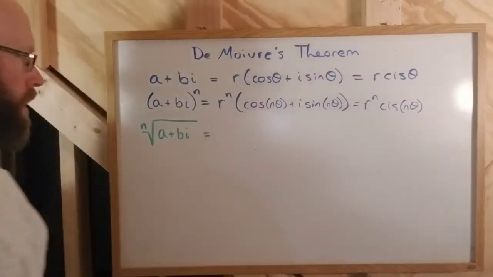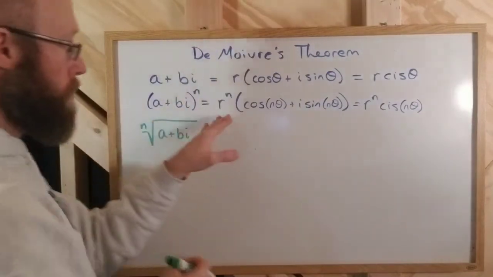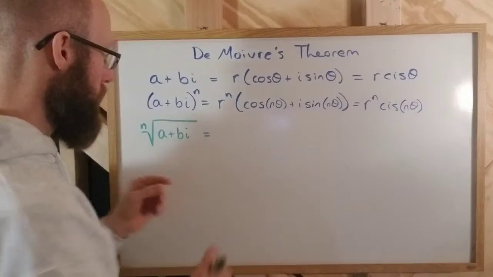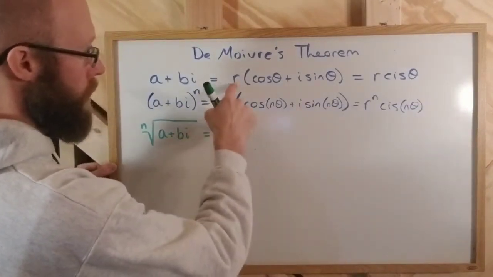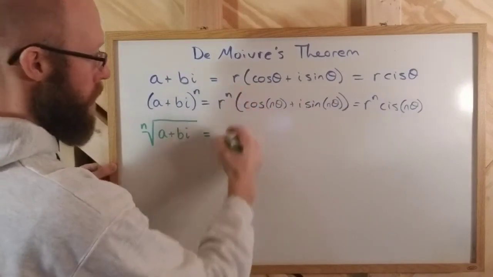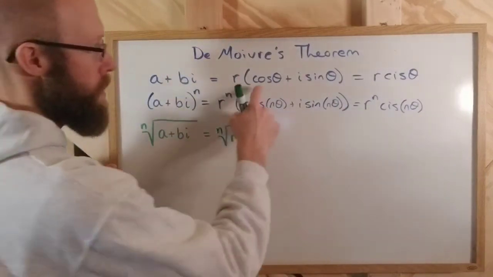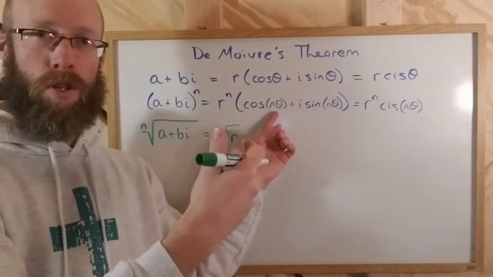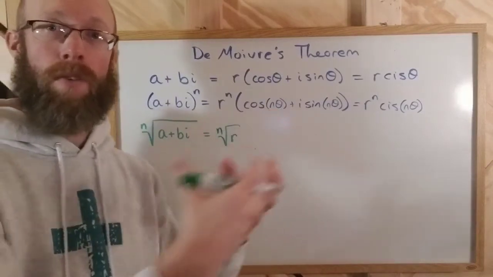If I want to calculate the nth root of a complex number, I'm going to go to the trig form. Obviously, you're looking at the nth root of r, whatever the radius is. And then for this, remember when we looked at powers, we multiplied the argument, we multiplied the angle by n. Well, here we have to divide.